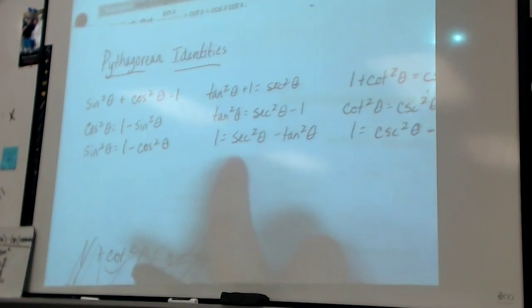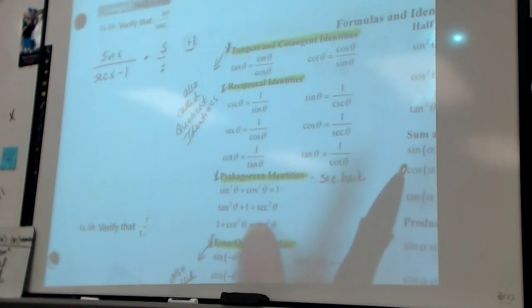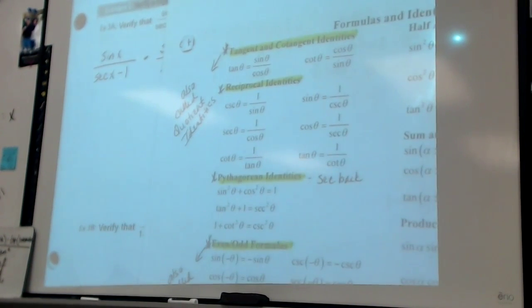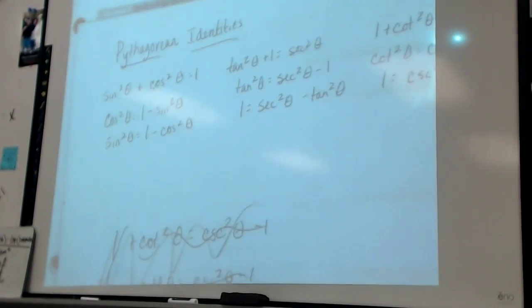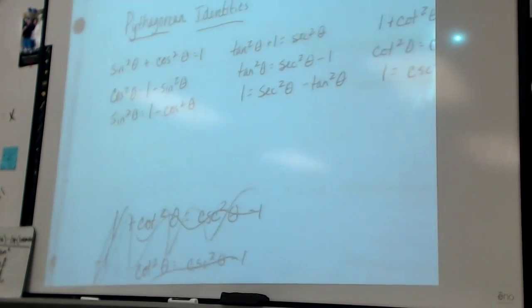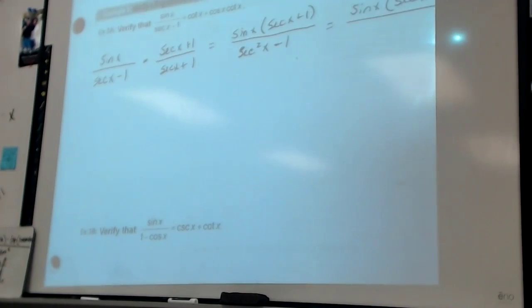But remember, we rewrote them. Don't y'all find it a lot easier to have them all written rather than just using the basic 3 and then trying to figure it out? You could see that secant squared x minus 1 would be tangent squared x, or theta. But if you have them all written like this, it's a lot quicker. All right, so this would be tangent squared x.